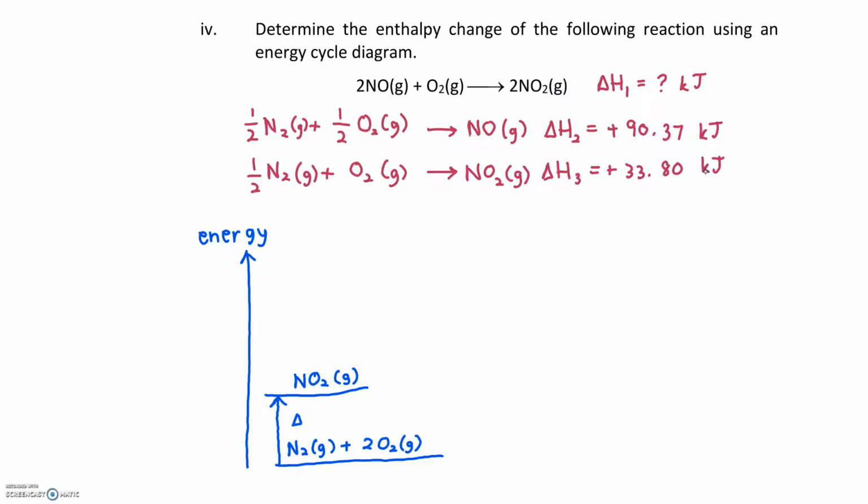So this is delta H3, so it's twice the value. So that is 2 times positive 33.80 kilojoule. So we've used this equation.